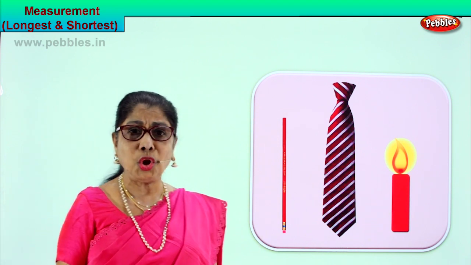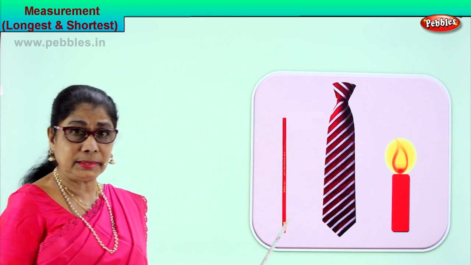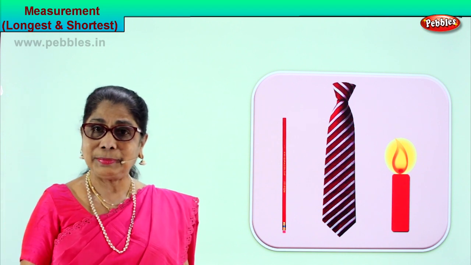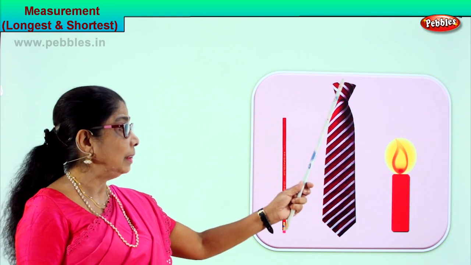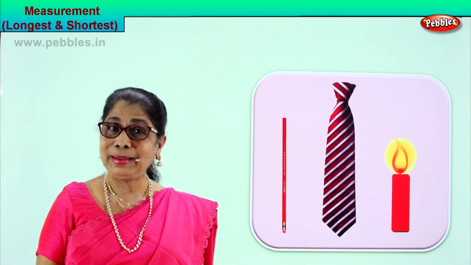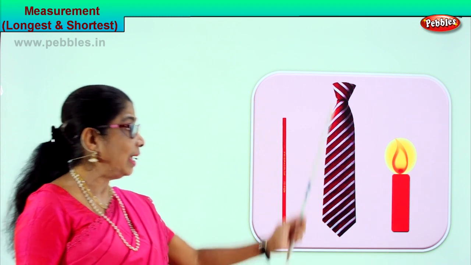The next longer item is, good, the pencil. And the longest item here is the tie. What are we learning? Measurements, comparing, which is the shortest and the longest.